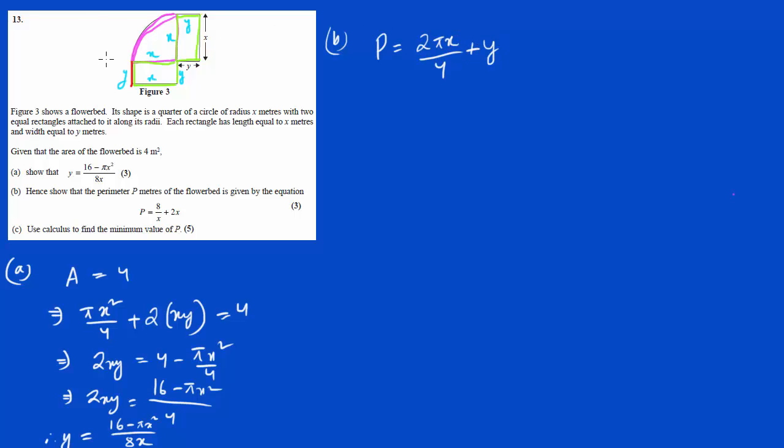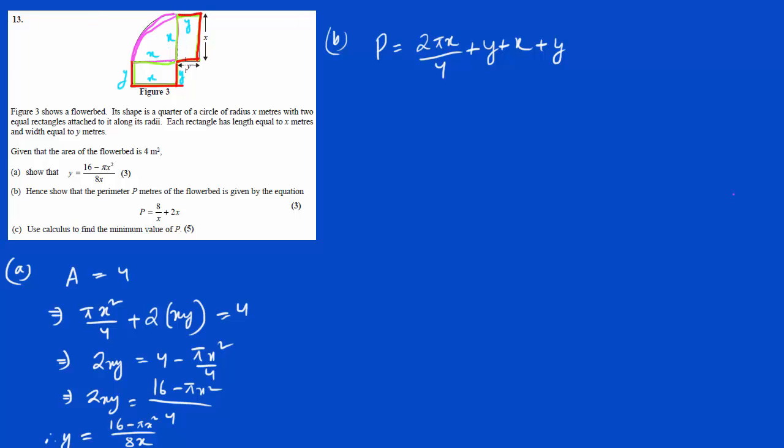So plus y. Then we have this length, which is x. So plus x. Then we have this length again, which is y again. So plus y. Then we have this length, and this length.